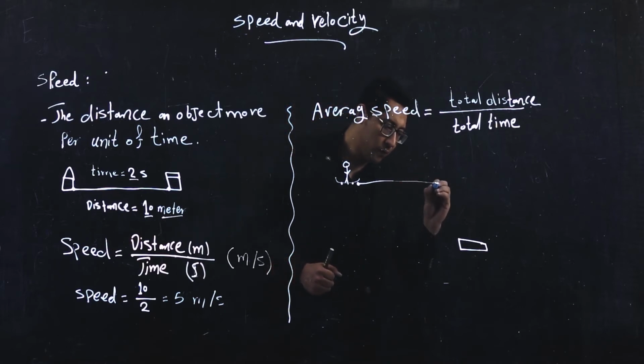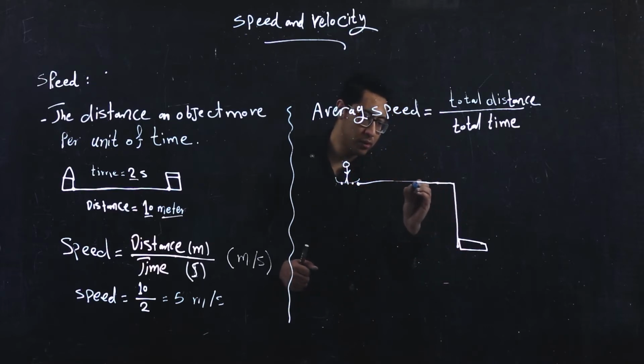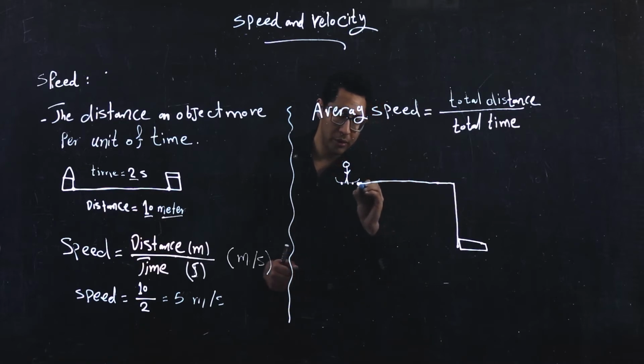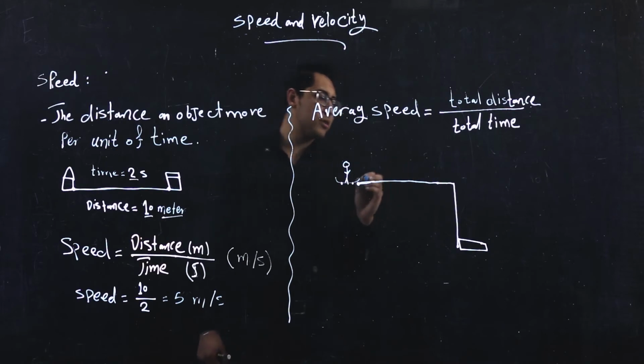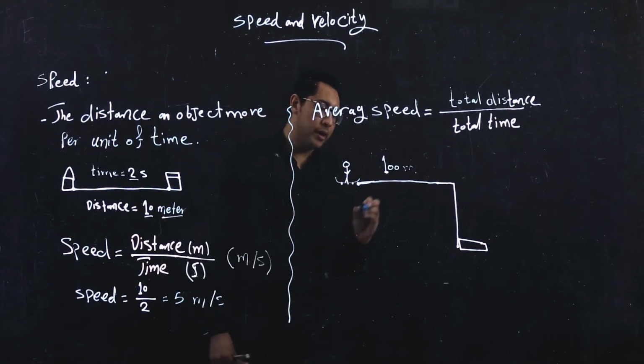Then you have to move south to reach the playground. You get your skateboard and get out of the home. And you will start moving, for example, 100 meters, that's the distance. And you move this 100 meters in just 10 seconds, for example.